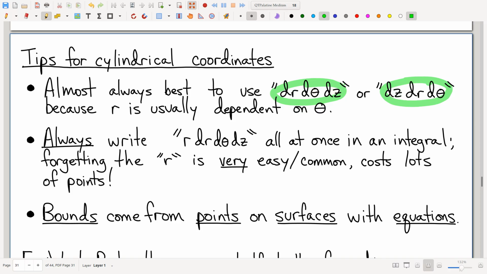So I suggest you only consider these 2 orderings of the differentials. And the way you remember these, by the way, is notice that dr and d theta are always together and always in the usual order, just like in polar. So the question is just, do you put dz on the outside or do you put dz on the inside?